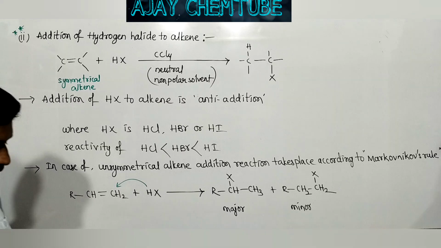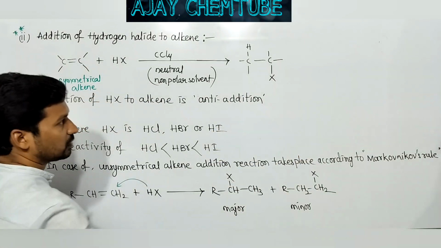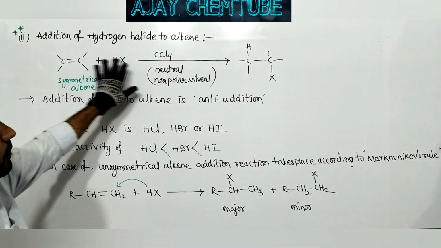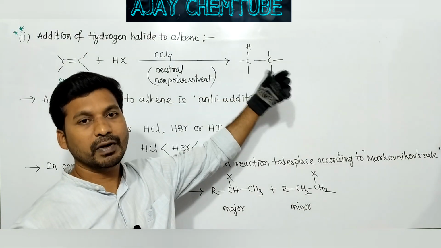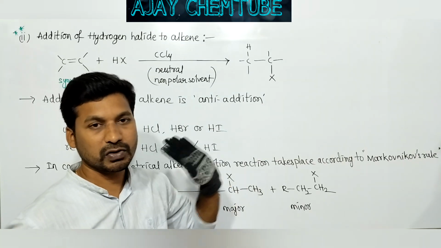So addition of hydrogen halide to an alkene takes place normally. To one carbon hydrogen is added, to the other carbon halogen is added. There is no confusion.